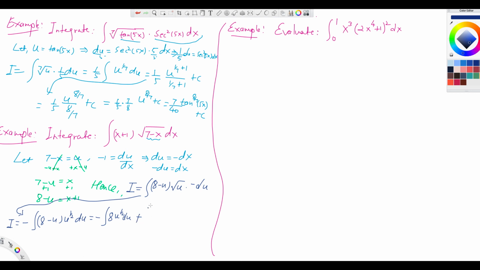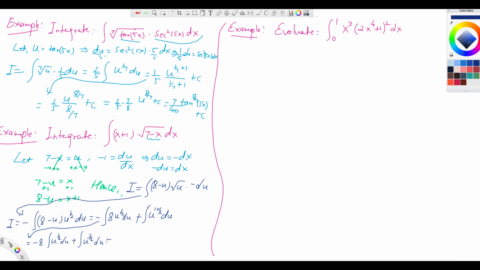And then the integral of u times u to the 1/2 will be u to the 1 plus 1/2, that is 3/2, right? du. You see that? Now let me write here. This equals negative 8 integral of u to the 1/2 du plus integral of u to the 3/2 du.